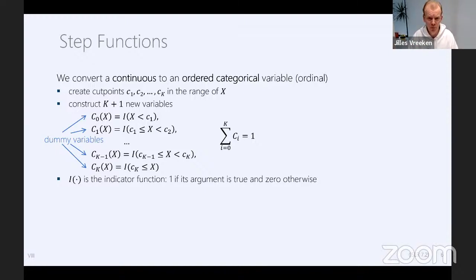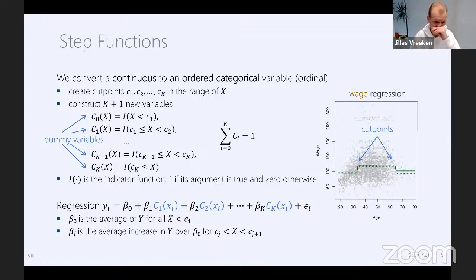If you choose your cut points well and don't make a mistake when implementing this, then obviously the sum of all these variables is going to be 1, because x can only take a value in one of those. This is also why one side is less than, and the other is less than or equal to. Okay, good.